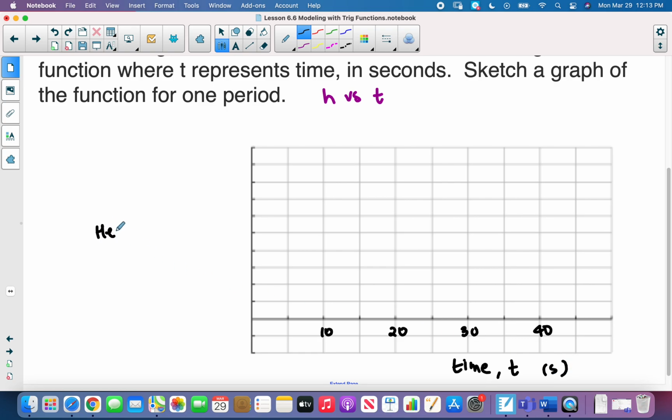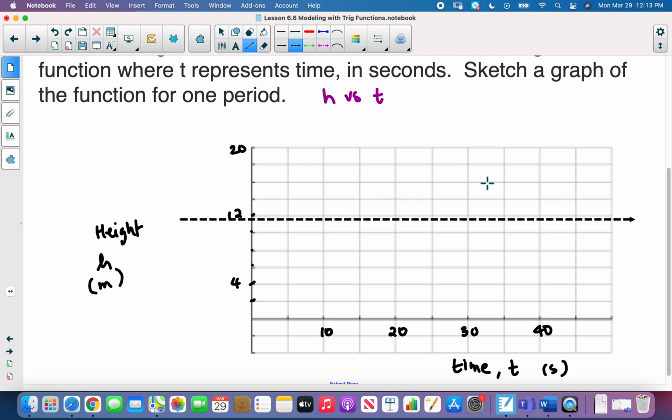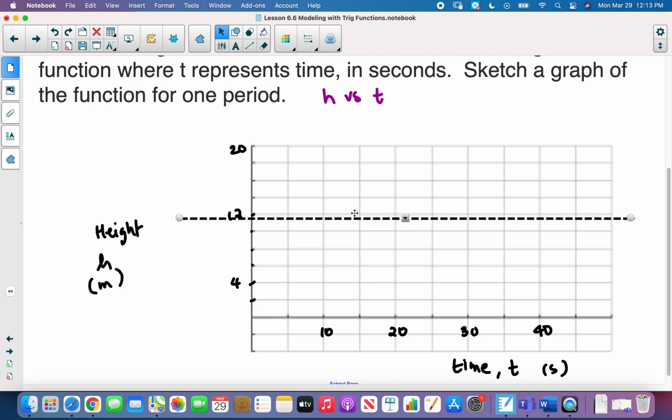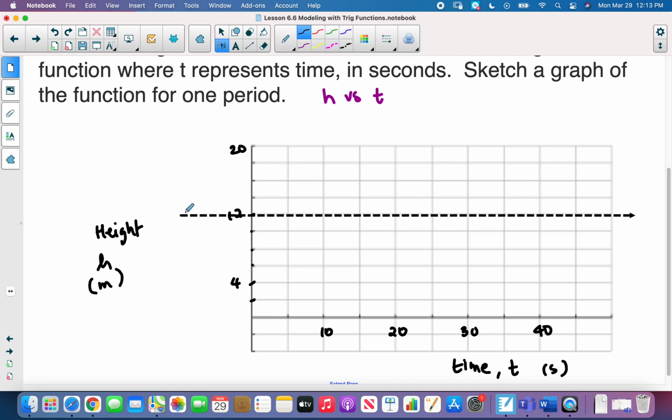And this is height h in meters, and let's say this is going up by 2: 2, 4, 6, 8, 10, 12, 14, 16, 18, 20 meters. At the start, you get on here, and 12 is our equation of axis. So let's draw a dotted line through here, which is c equals 12.